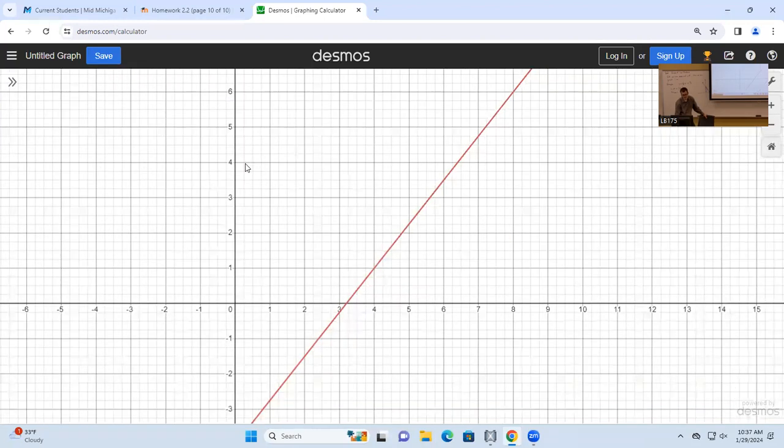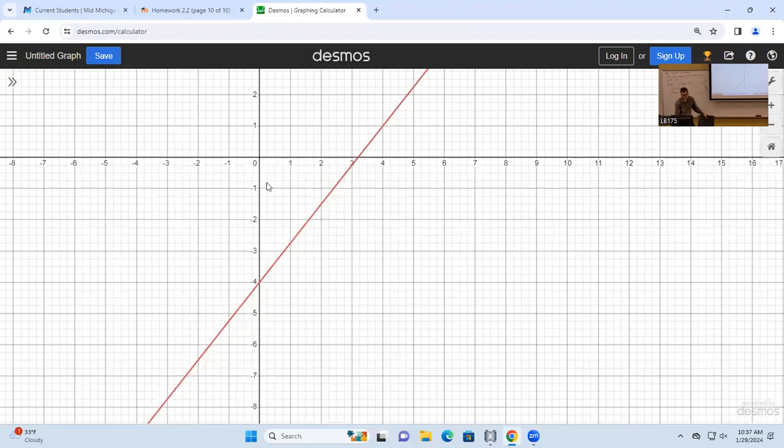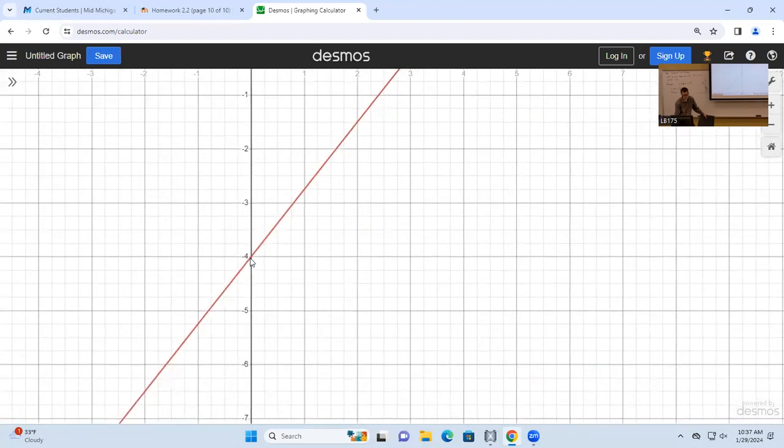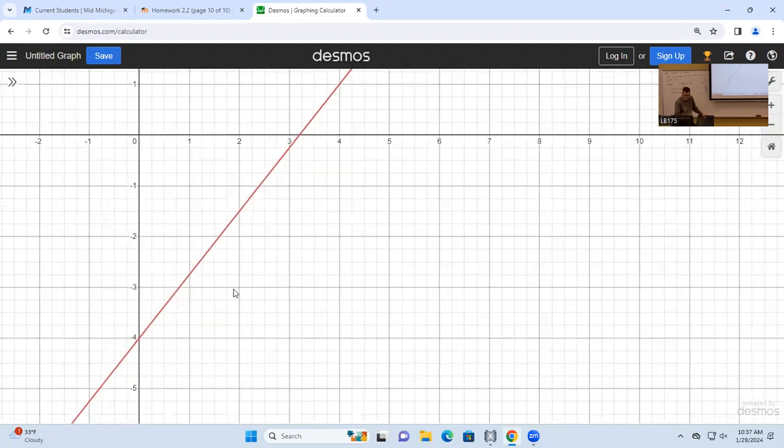So let's say I had this red one. What I could do is I could say, well, this red line goes through the point (0, -4), I can see that. So -4 is going to be my b. And then let's try to zoom out. Here's another point it goes through. It looks like it goes through the point (4, 1).